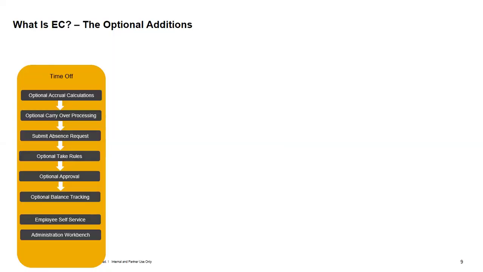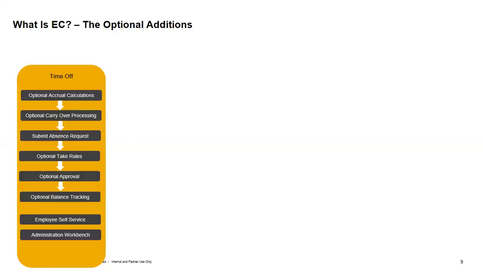What kind of leaves do you want to give to your employees? Casual leave, sick leave, earned leave, privilege leave, maternity leave, paternity leave, parental leave. What kind of attendances? Employee working from home, employee on training, employee out of station. So these are all attendances.